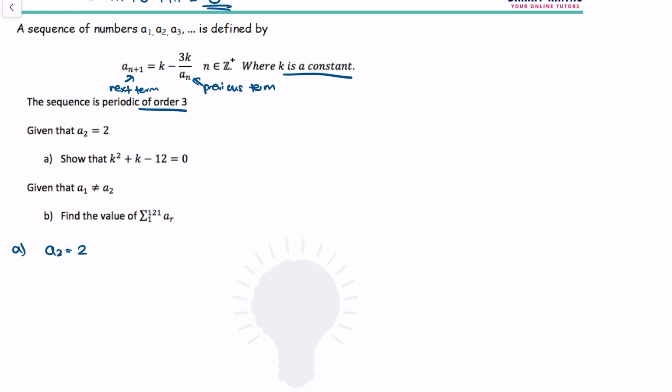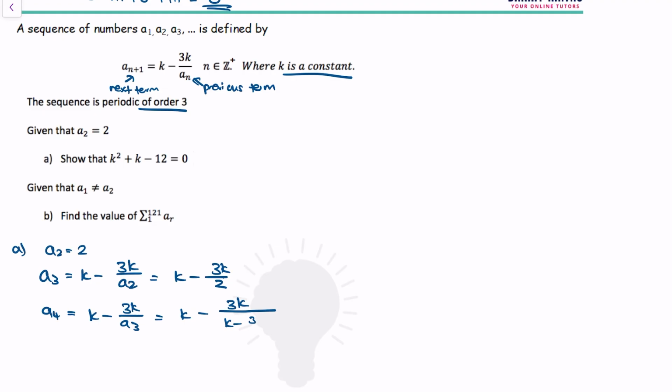So if a2 is equal to 2, then a3 will be equal to k minus 3k over a2, which is equal to k minus 3k over 2. a4 would be equal to k minus 3k over a3, which is equal to k minus 3k over (k minus 3k over 2).